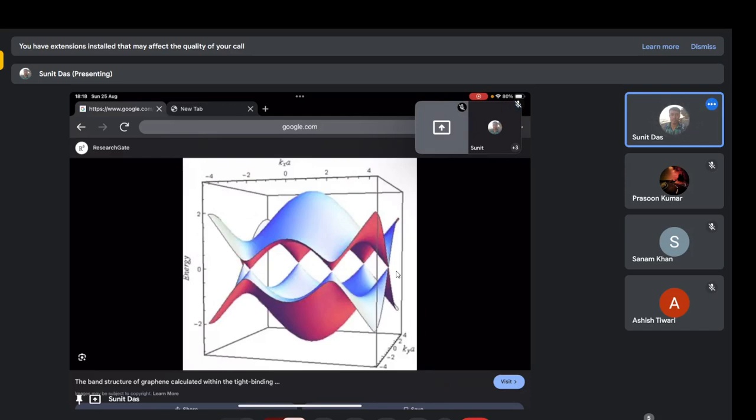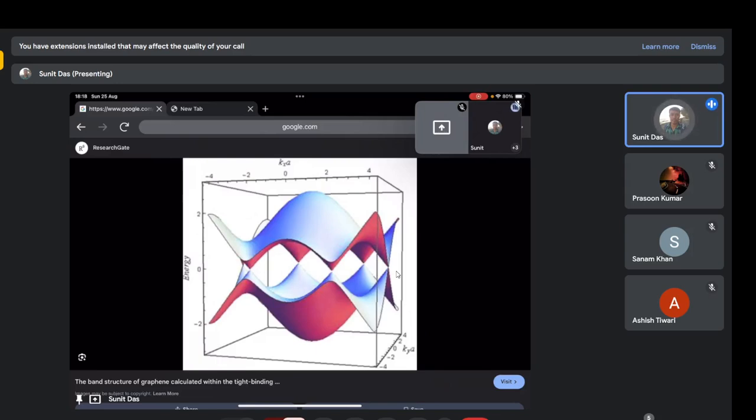The points where the bands touch each other are the K and K prime points. In the middle of this kx and ky space is the gamma point, where the band gap between the conduction band and the valence band is the maximum, and there is an M point on the line joining the K and K prime, where also the dispersion is gapped, meaning there is a gap between the valence and conduction band.